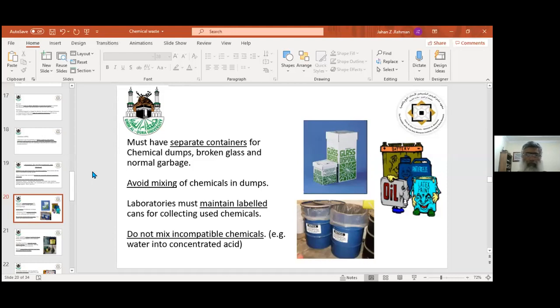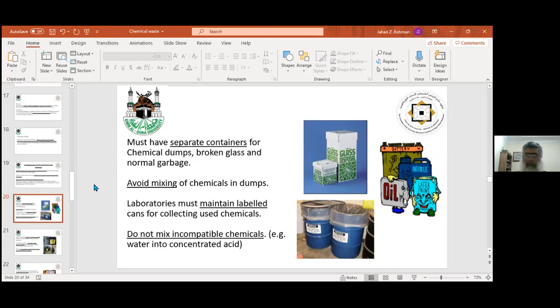So use these bottles for chemicals. Do not mix them. Do not mix solid with solid, do not mix liquid with liquid, and do not mix even the same kind of chemicals, meaning acid with acid. If these are different acids, do not mix them. If they are different organic compounds, do not mix them. Otherwise, recycling of the mixture is not possible.